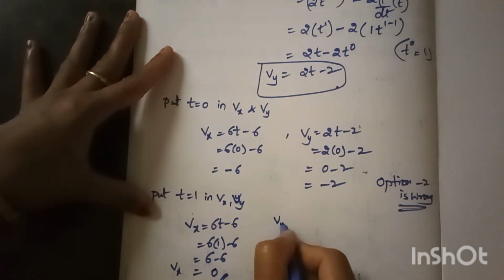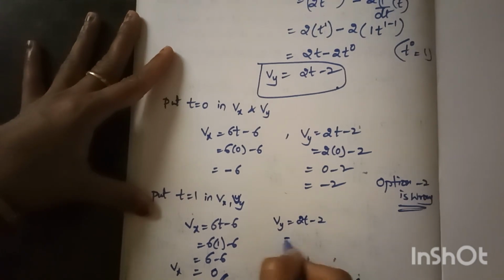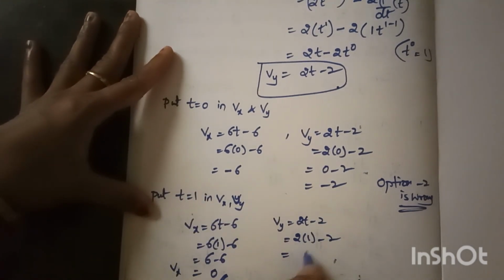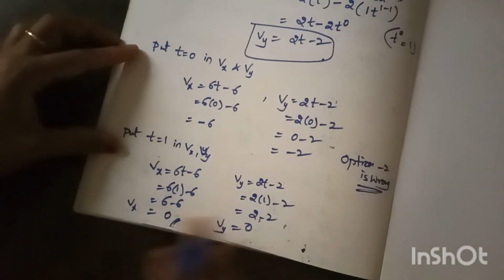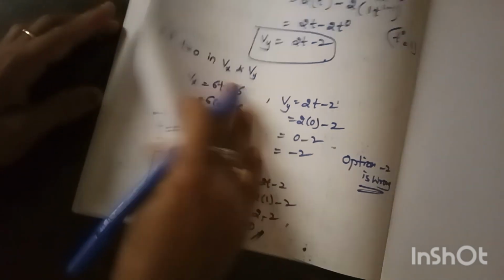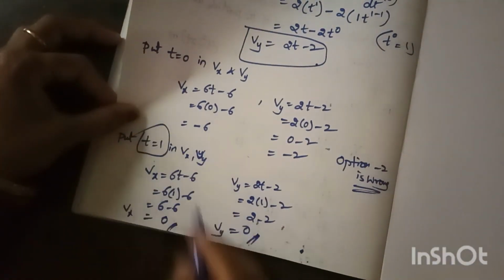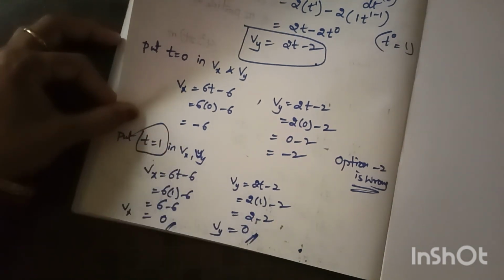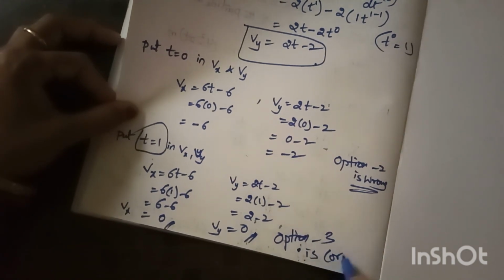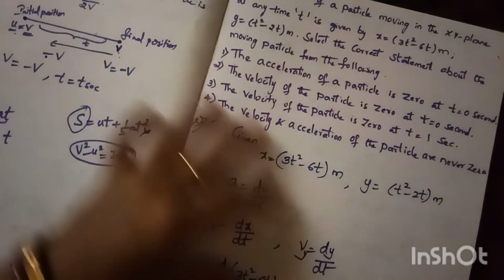Vy is 2t minus 2: 2 into 1, t means 1 here, minus 2, 2 minus 2 is 0. What we got here: when t equals 1, Vx and Vy are 0, meaning the velocities are 0. So option 3 is correct.